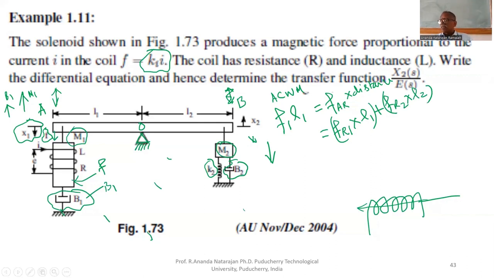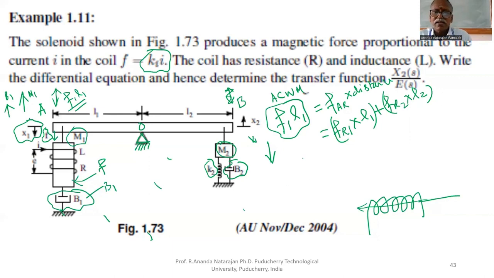If you convert this into moment, it means force multiplied by distance. The anti-clockwise moment is F1 L1, since the force is at this end at a distance of L1. The clockwise moment is developed at this end as well as that end. At this end, because of M1 and B1, it should be multiplied by L1. At this end, M2, B2, K2 should be multiplied by L2. That's all about the mathematical model.